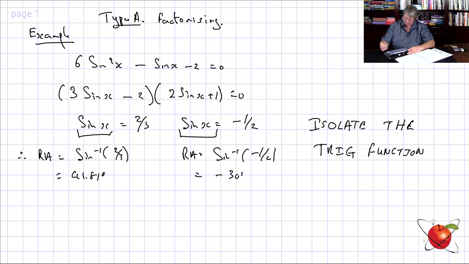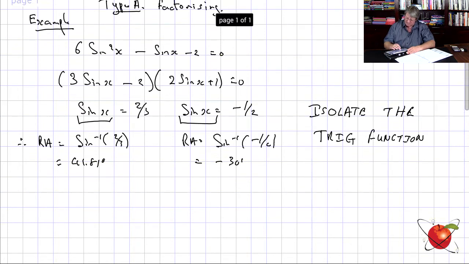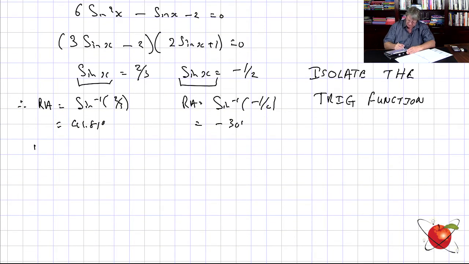Next, I said next was the type. This is a sine, and this one is also a sine. Therefore, I have got the following. Therefore, x equals 41.81 plus 360k.